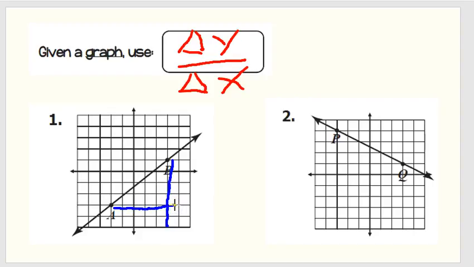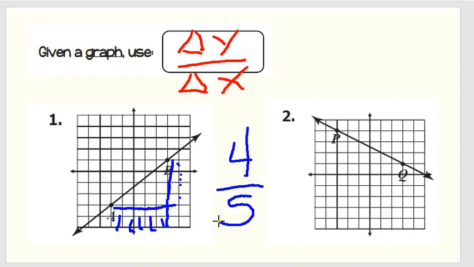The number of boxes you count down or up is the change in y. In this case, we have 1, 2, 3, 4. So our change in y is 4. And then our change in x is 1, 2, 3, 4, 5. So that would be 5.